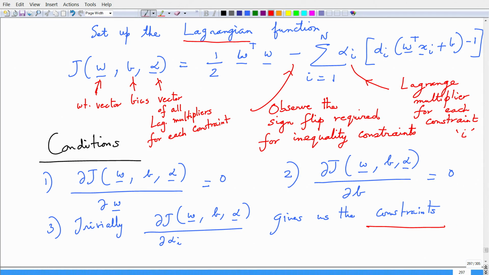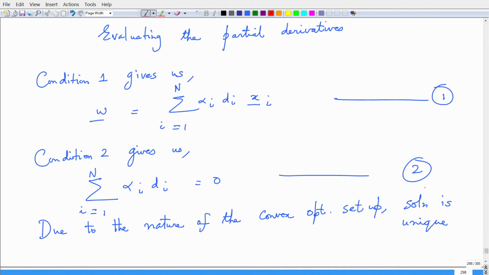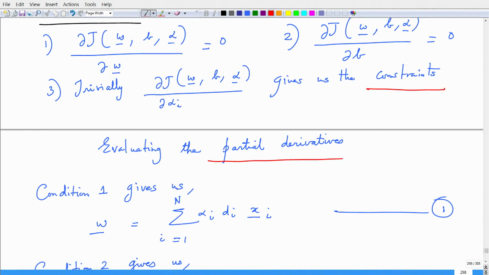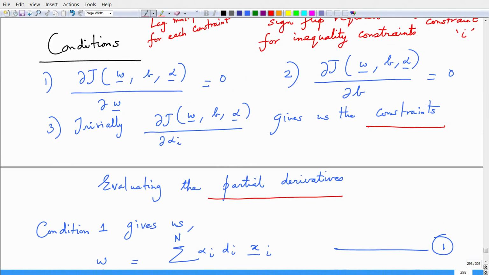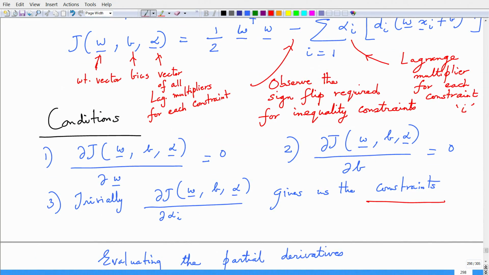Now, let us go further. We evaluate the partial derivatives. For condition 1, which is the partial derivative of J with respect to W equal to 0, if we solve this, it is pretty straightforward.